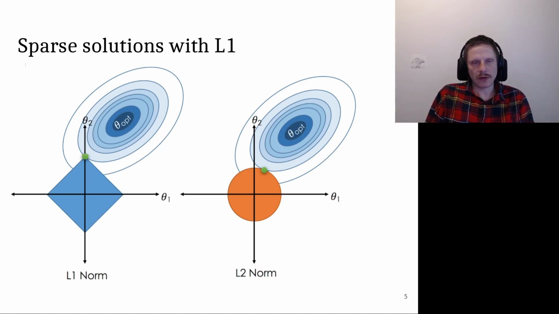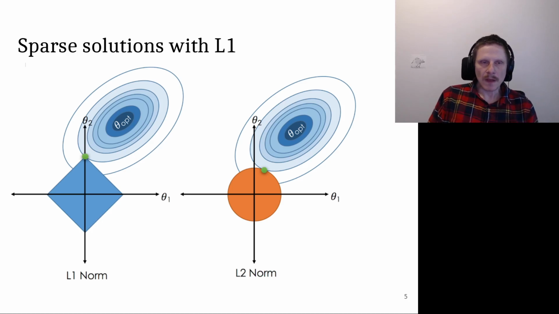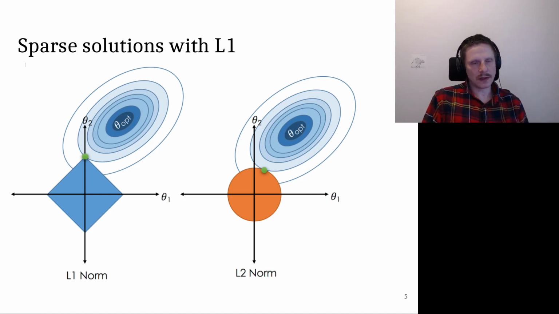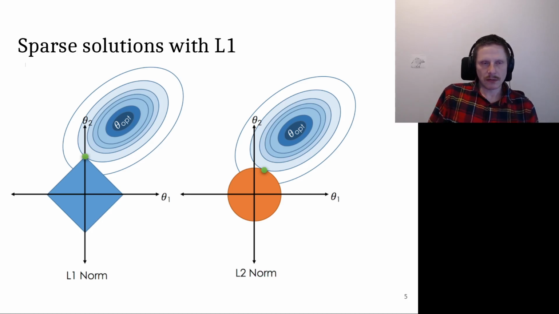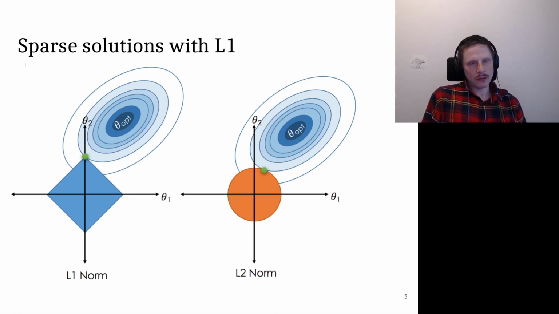And so if we do that, we will see that for the L2 norm, we just find some point with some particular non-zero weights θ1 and θ2. For the L1 norm, you will see that it will tend, as in this particular case, the point which has the lowest error, while at the same time being within this region, one of the weights is 0.